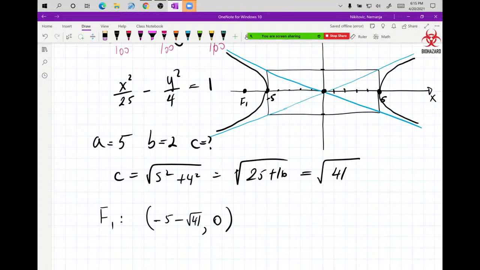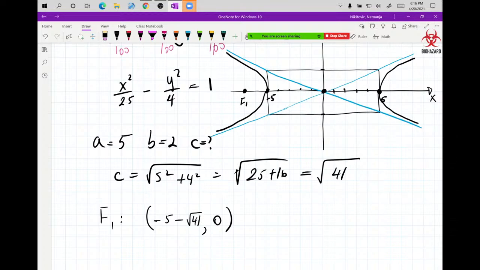Now, if you love your decimals, right, we are going to find -5 minus, hold on, my calculator. It's actually my fat fingers on the keyboard of the calculator. Okay, so -5 minus the square root of 41 will give us -11.4.